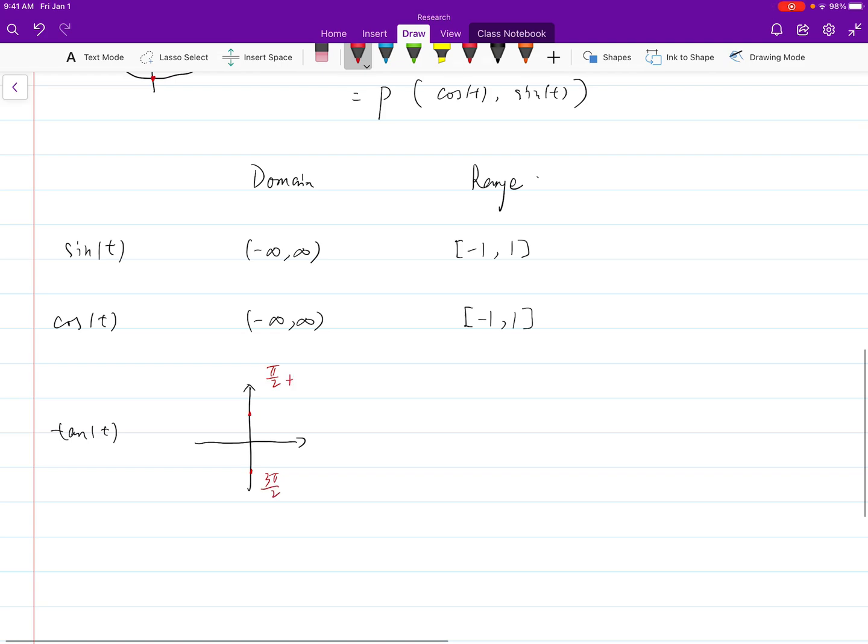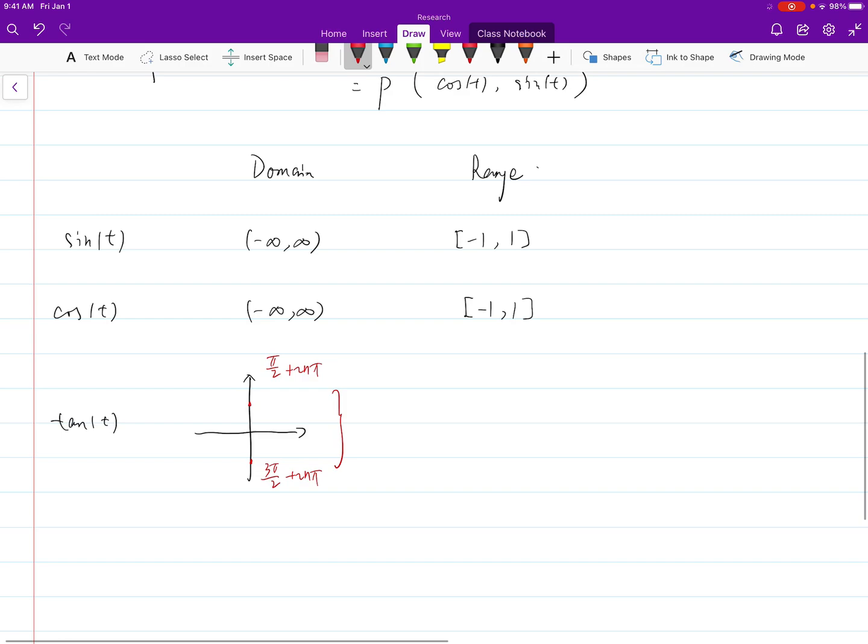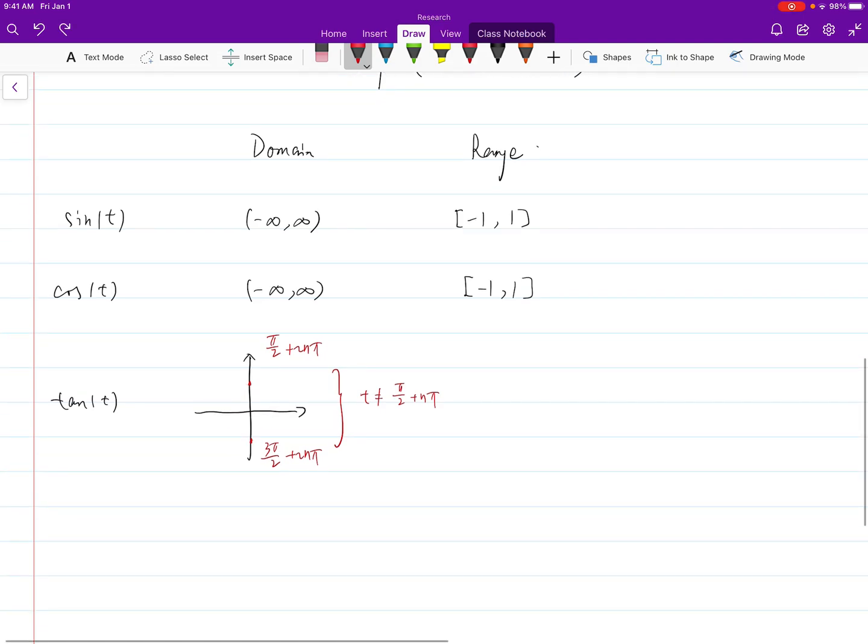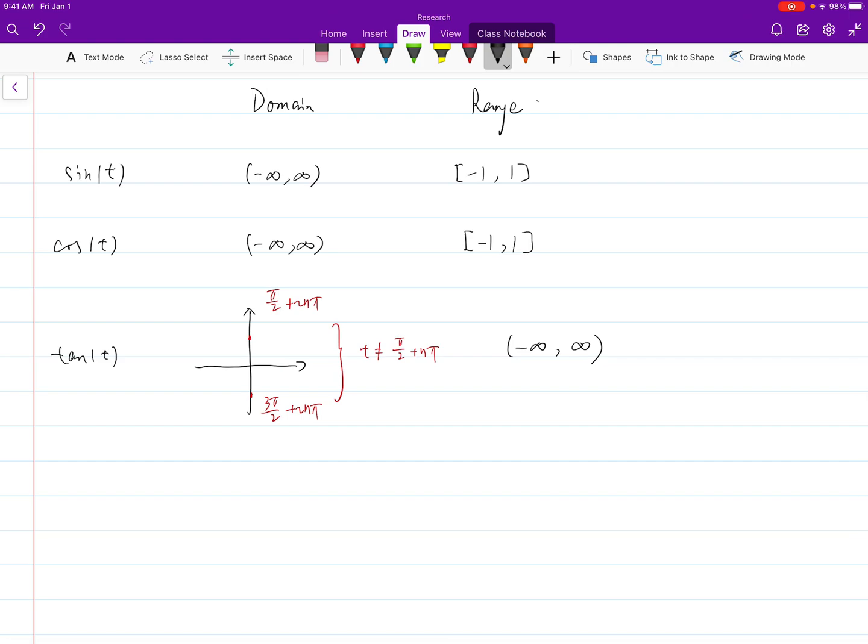It should be here and here, which corresponds to pi over 2 and 3 pi over 2 plus a 2 pi, because every time you add another integer multiple of 2 pi, you end at the same thing. And then you can merge these two into t does not equal pi over 2 plus n pi. That is, you start from pi over 2, you add another pi, you add another pi, you will include both points. Other than this, your tangent t is defined.